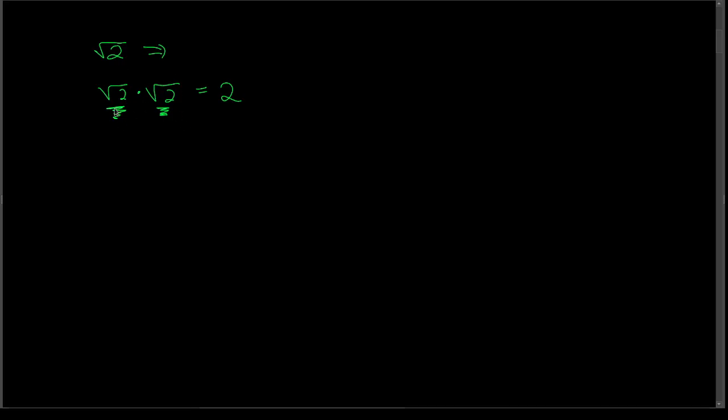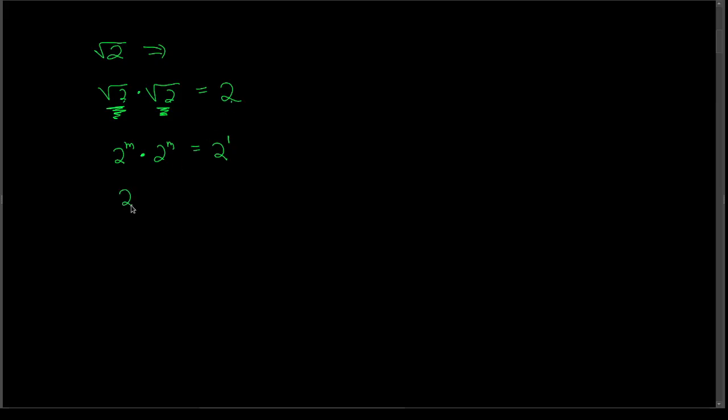And so what I'm going to do is let it be 2 to some power. So I'm replacing the square root symbol with 2 to a power. And we know this is equal to 2 to the power of 1, because in our definition of what a square root does, we're asking for two of the same things that, when multiplied together, give me the answer.